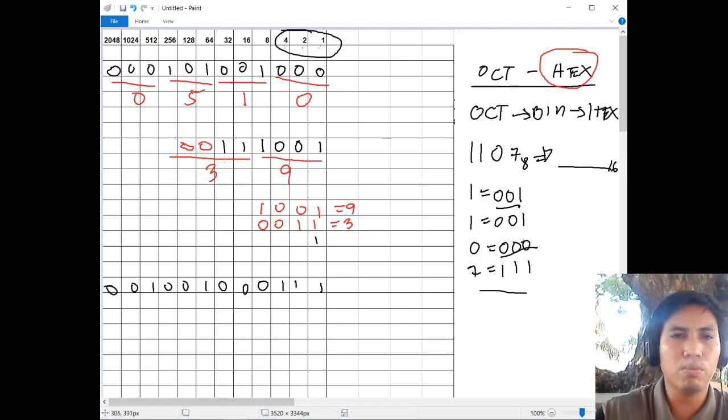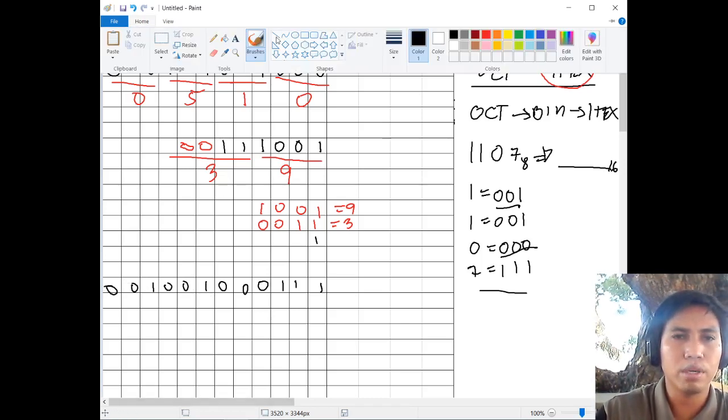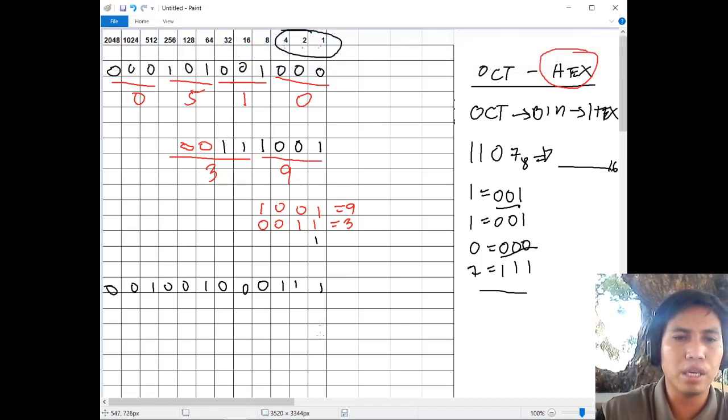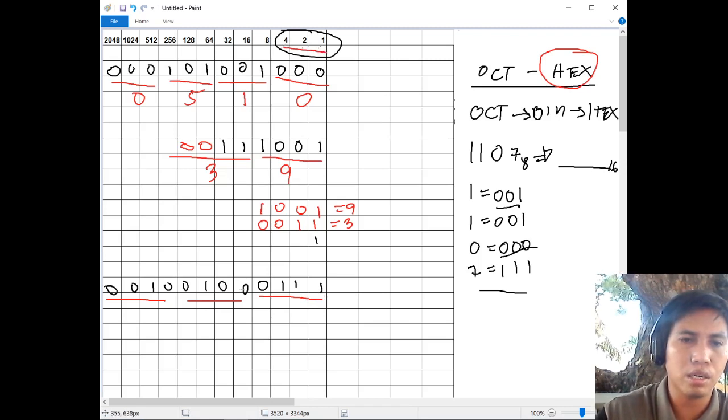Okay, after converting to binary, we need to convert that one into hexadecimal by grouping them by 4. So this is 0, 1, 1, 1. That is 4 plus 2 plus 1, kasi 0 naman na ito.